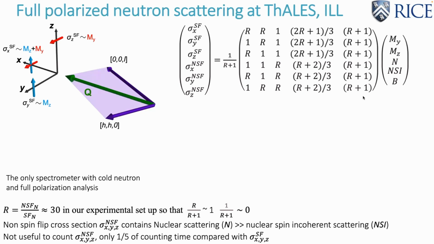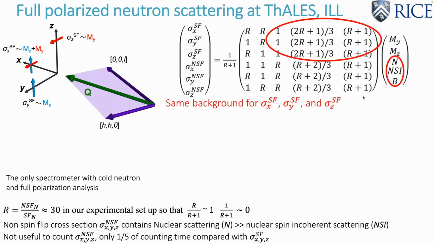We perform this experiment at CEA LLB. The idea is that we measure the spin-flip cross section along X, Y, and Z, 3 different directions. We can write down the equation for the cross sections.